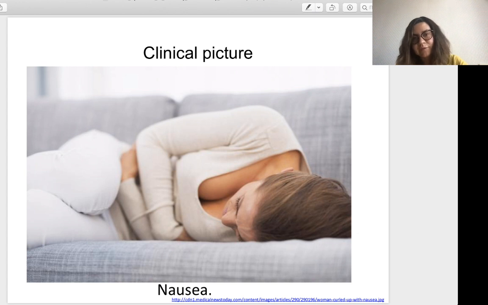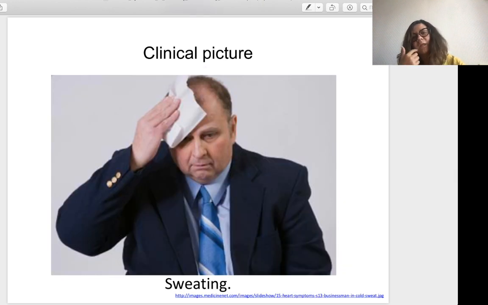It is non-specific too, but a very, very often sign of ischemic heart disease. Next sign is sweating. A lot of patients with pain forms and with silent forms undergo very intensive sweating during an angina paroxysm.